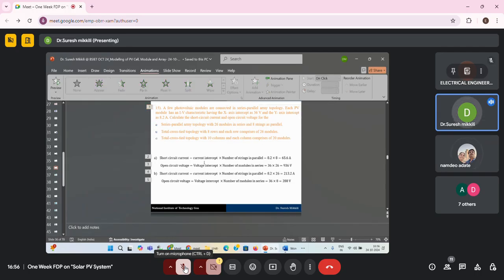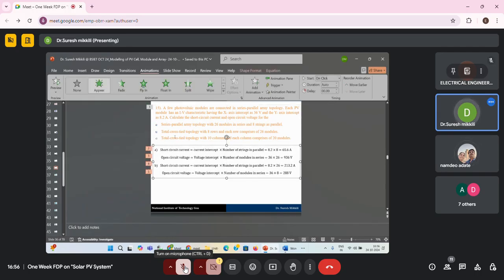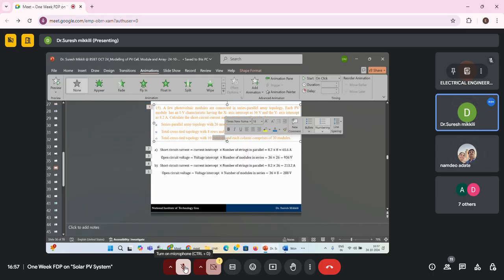So how much it will be? There are 10 columns. 10 columns means 10 strings, I can say. Okay, we have 10 strings.